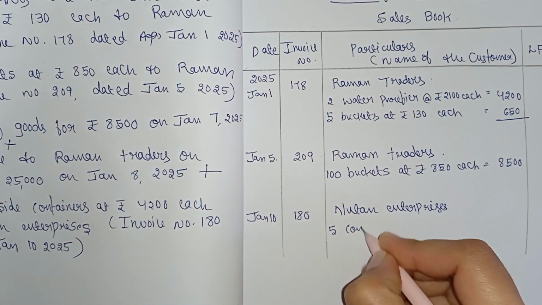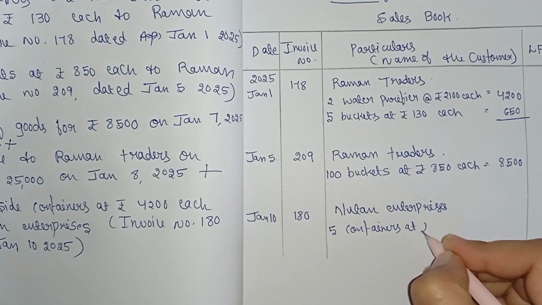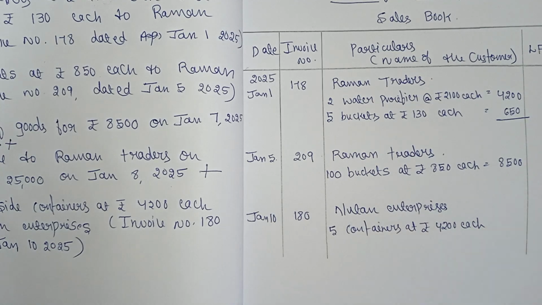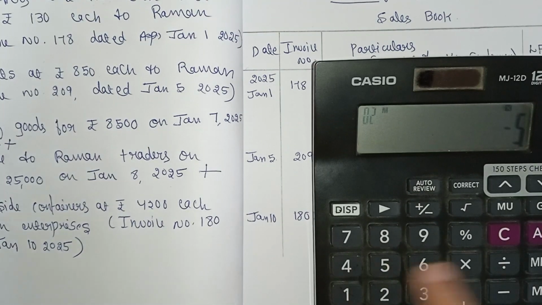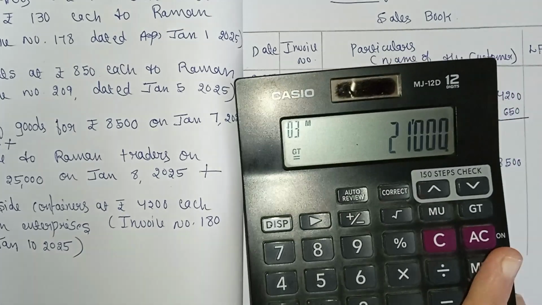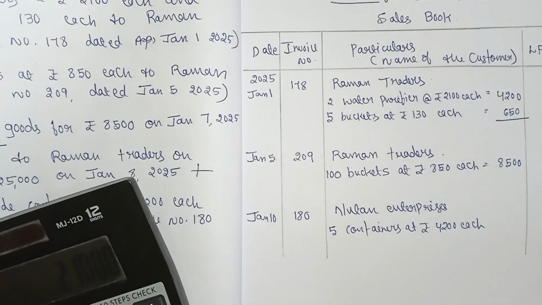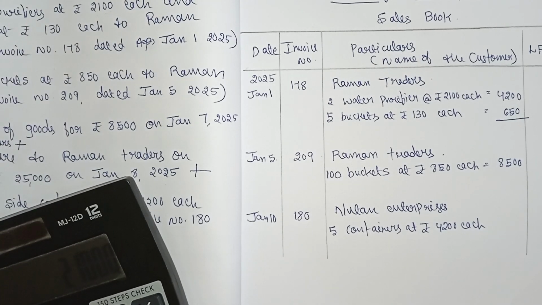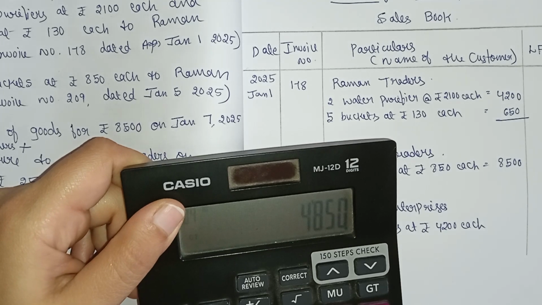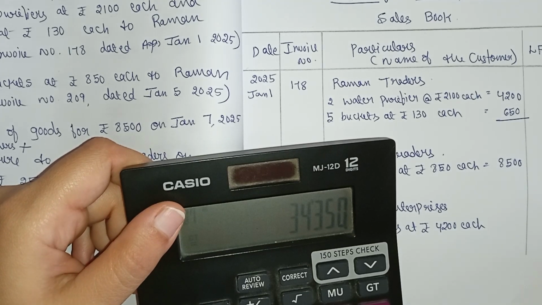Five containers at rupees 4200 each, that is 5 into 4200, rupees 21,000. So now we have to find the total amount.